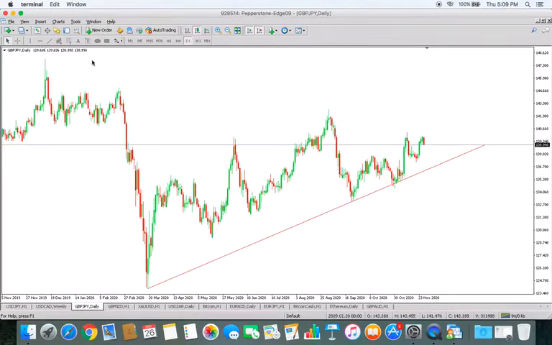Since we've identified that this pair is most likely to move up, when you see a rejection similar to this, it shows what we call a pullback. Now this pullback is being caused by some minor resistance area here. This is our minor resistance, which is trying to reject for a pullback to this diagonal area.